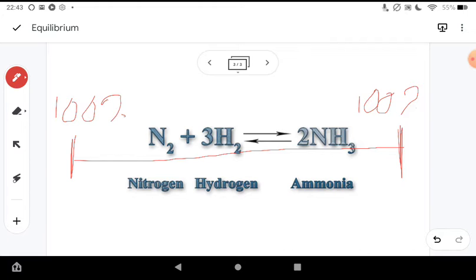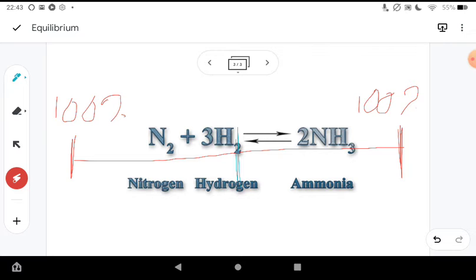All right, so if I was, let's say, here, I would have 50% nitrogen and hydrogen and 50% ammonia. Over here, it would all be ammonia. Over here, it would all be nitrogen and hydrogen. And this position here that we're talking about is what we call the equilibrium position. Now, in this case, this is the product that we want. So we want this position as far over here as possible, right? So how do we do that? Well, there are three things.